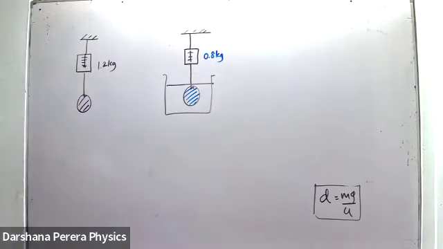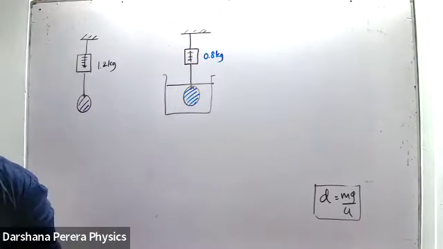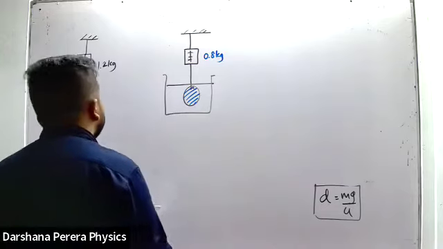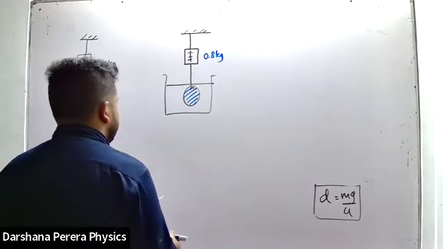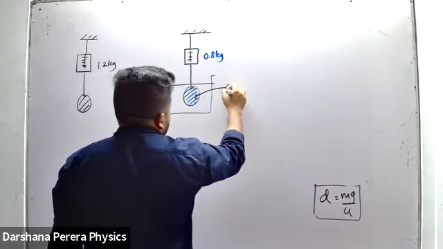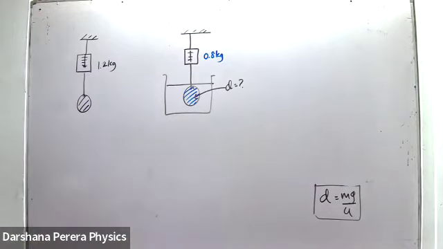Find the relative density of the object. Sorry, not the water. Okay, quickly find out.